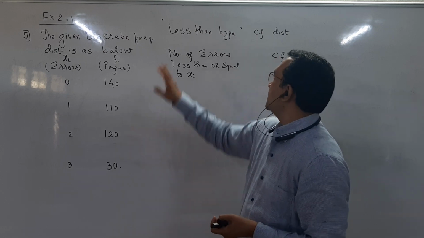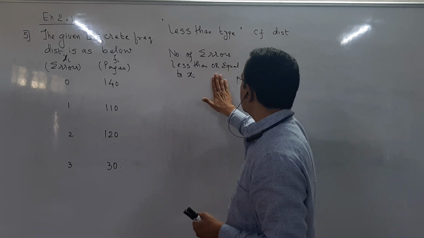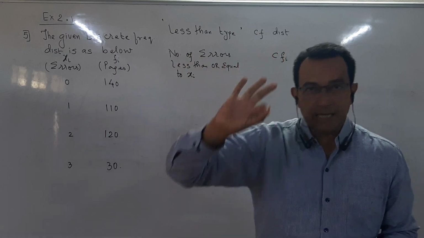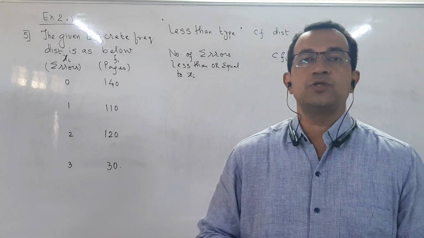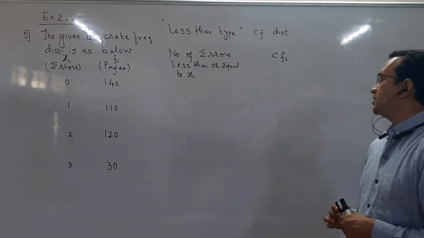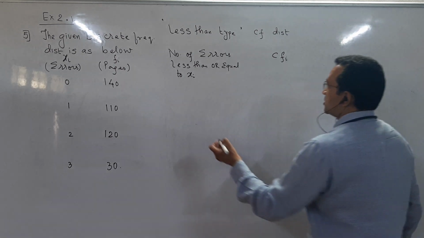Whenever we are preparing less than type cumulative frequency distribution, the first column will be involving the variable where we have to write less than or equal to the variable, whatever it is. It is error. So I have written number of errors less than or equal to Xi.